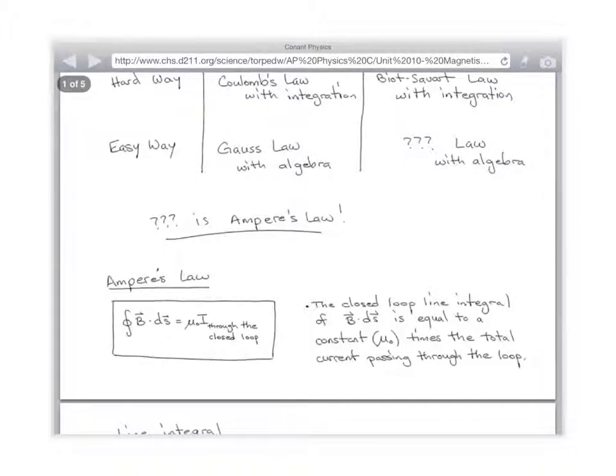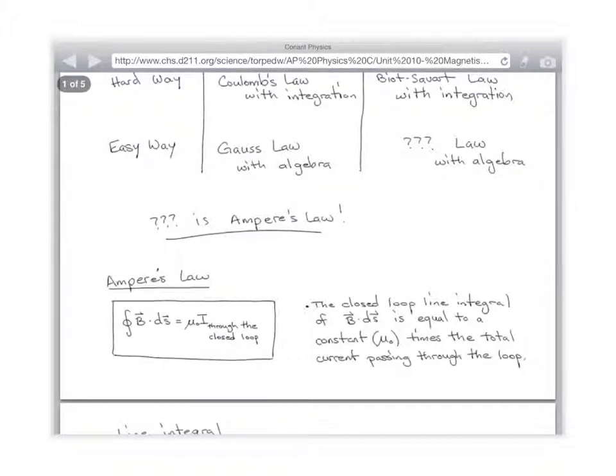And it said something about the flux through the closed surface. All right, so this is Gauss. Drawn a closed sphere. There's my Gaussian sphere.